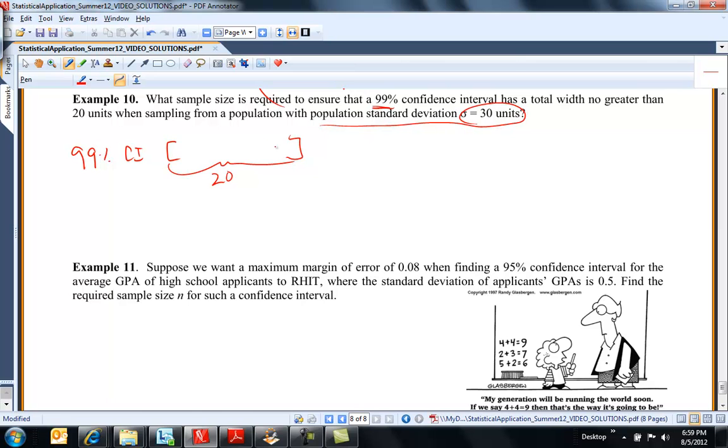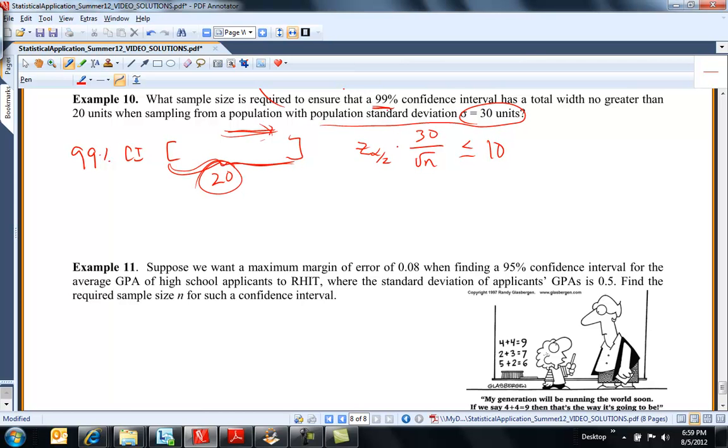So imagine you're building a 99% confidence interval. I want this to be at most 20 units long. I want to determine n, right? X bar is in the middle, but the thing that's going to determine how far I go out is my z of alpha over 2 times 30 divided by square root of n. And because I want the whole width of the confidence interval to be 20, I want this to go out in one direction by less than or equal to 10 units.